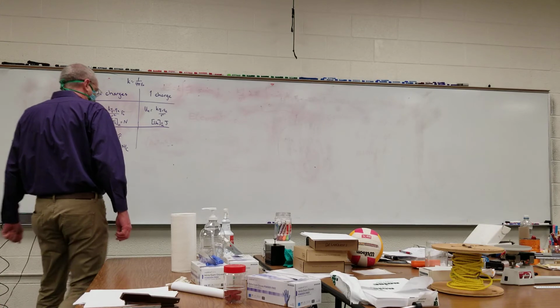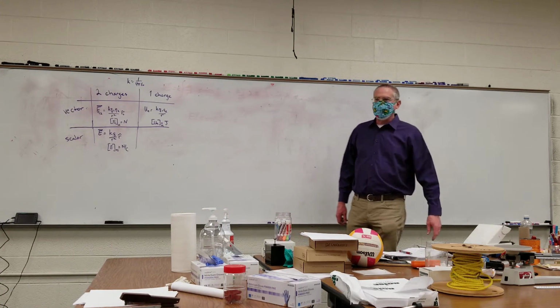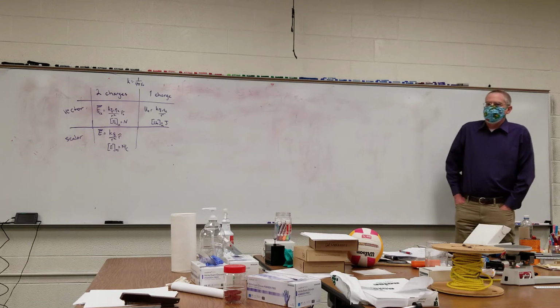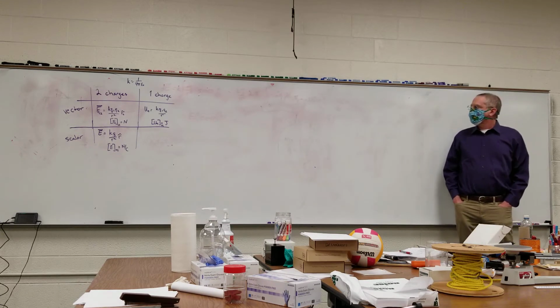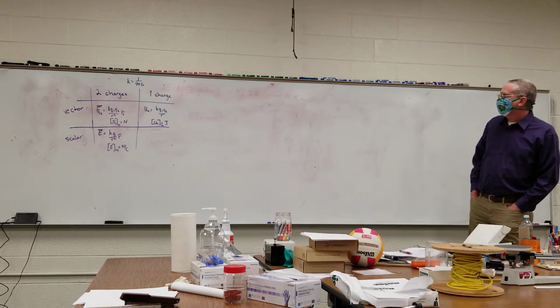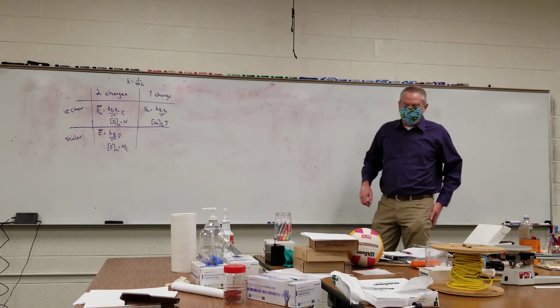All right. So there's a mistake on the board. What's the mistake? There are voltages in the vector. Yeah, I just realized there were a couple other mistakes there too.